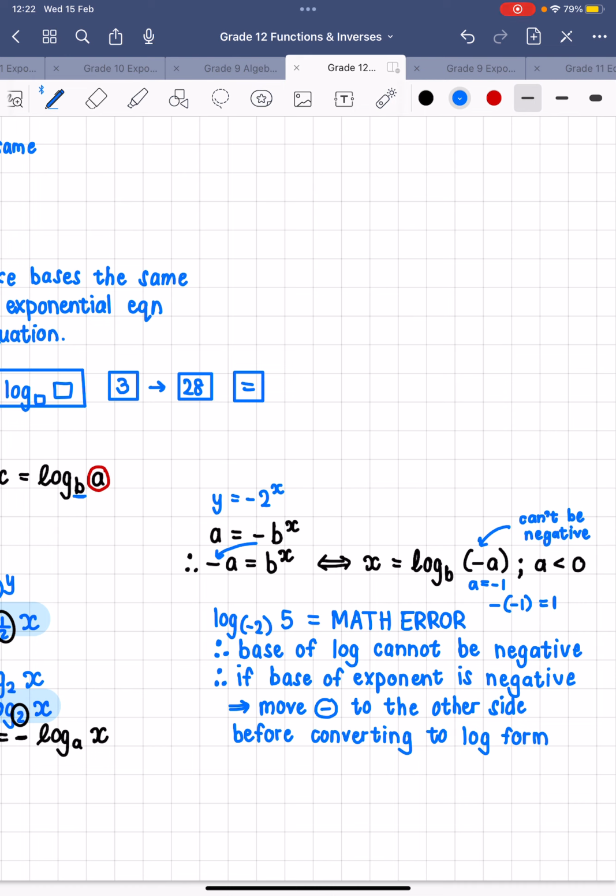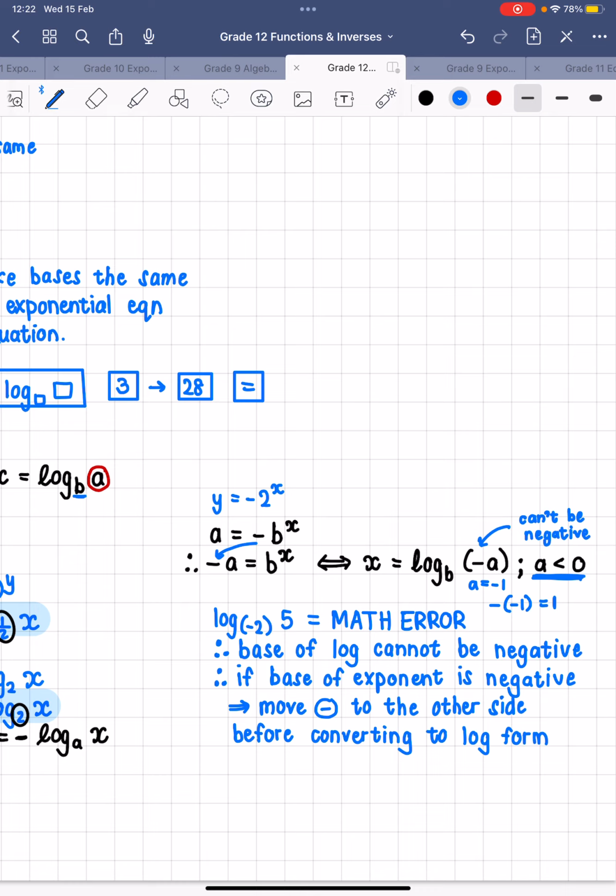So if you have a negative variable as the number after your log, then you just have to state this as an extra, please. We can chat about it a bit more tomorrow. We'll talk more about log form and log notation tomorrow. But you would just have to state that if you have a negative variable in the bracket, the actual value of that variable, if we assign a number to it, would have to be negative, because if you have a negative, it will give you a positive.